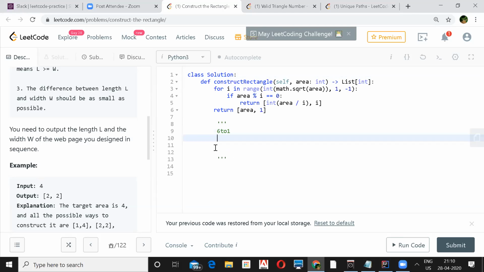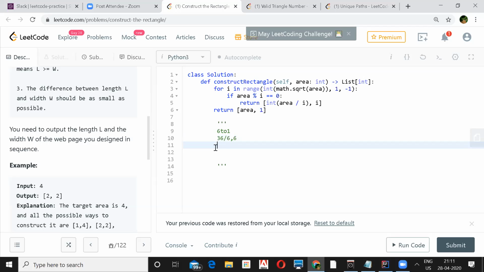So 6 is one of the factors. 6 and 6, your area is 36. 36 divided by the first one, 6, take the int of it, 6, and the other one you'll have as 6. Then you can proceed for 5, but 5 won't be a factor, right?